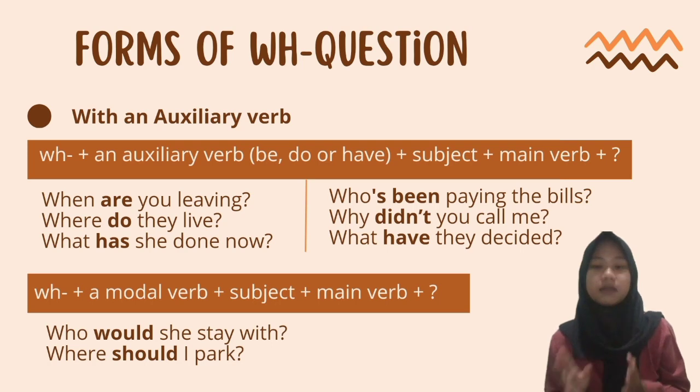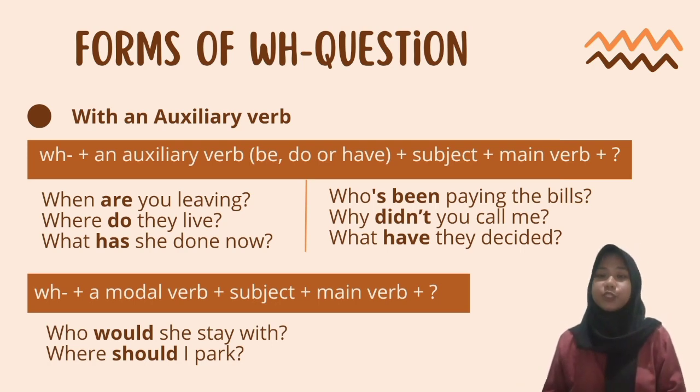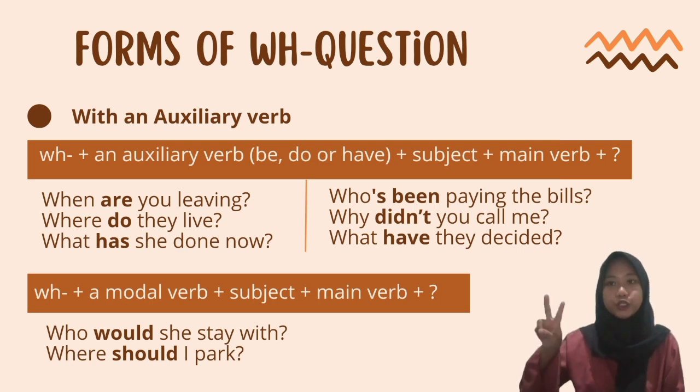and question mark. Okay, next is using a modal verb. Basically, the main function of a modal verb is to explain need or possibility. Of the many modal verbs that you can learn, there are some modals that are most commonly found in English. For example, can, could, will, would, shall, should, may, might, and must.